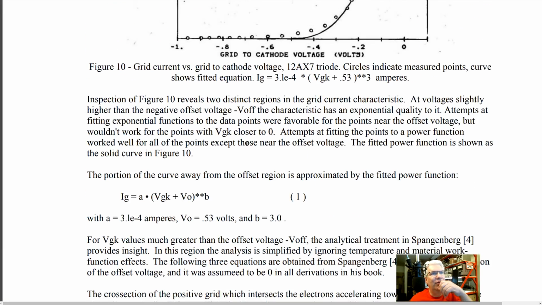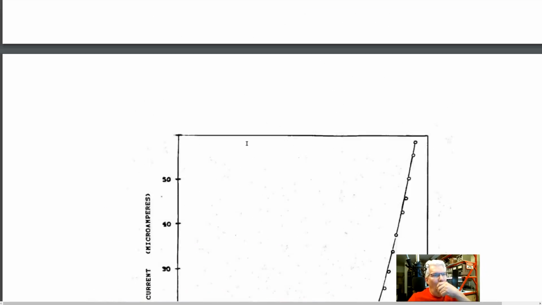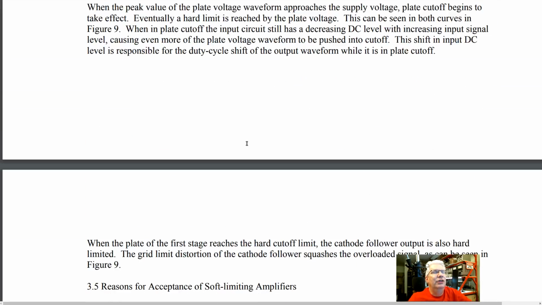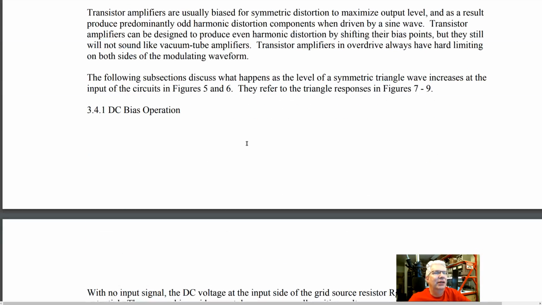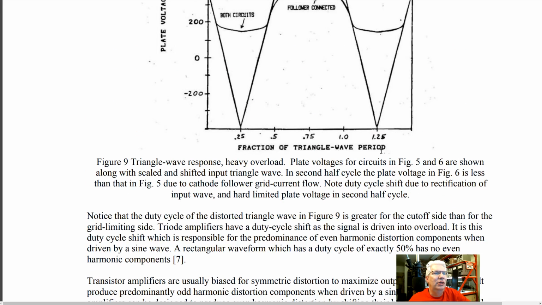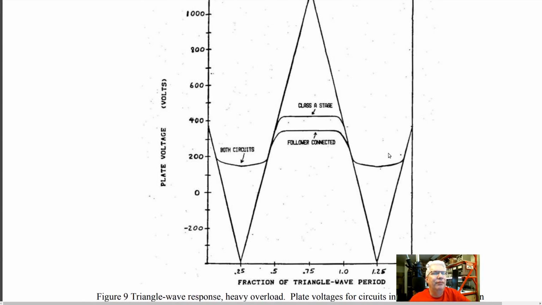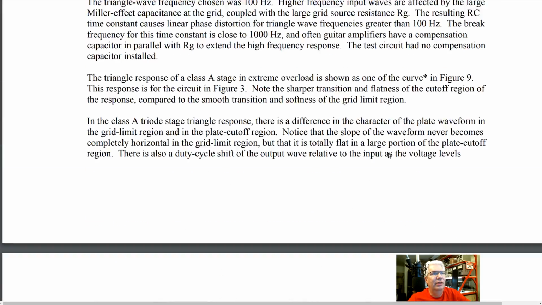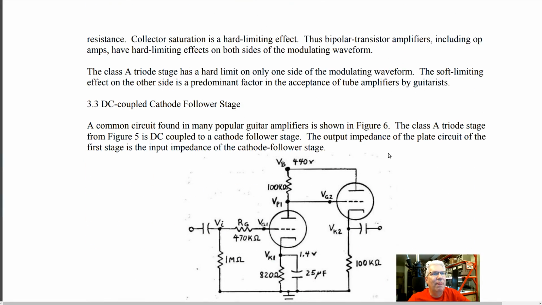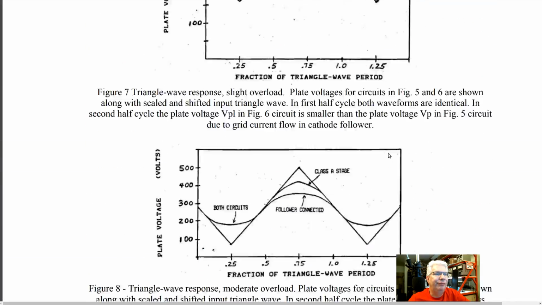It has to do with the soft limiting. That's really the point of this whole paper here, is he's using a simple amplifier, which is a triode with a cathode follower at the output.